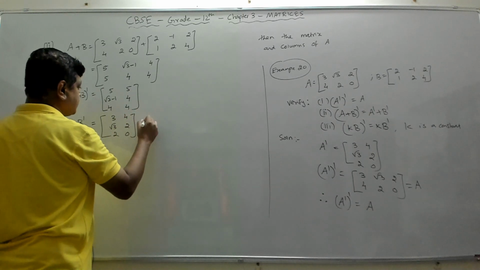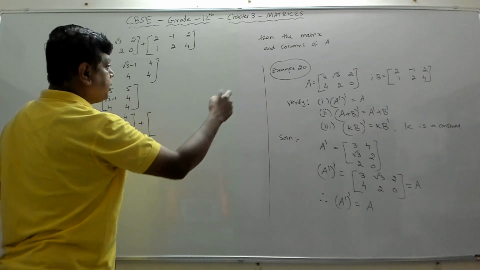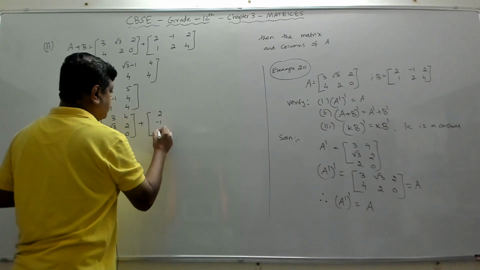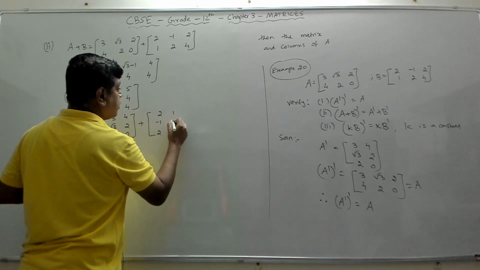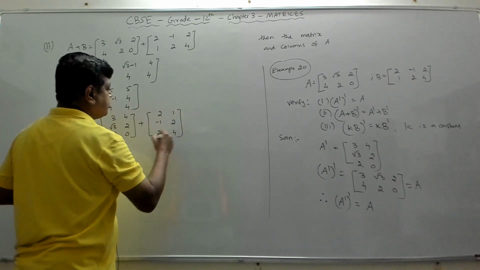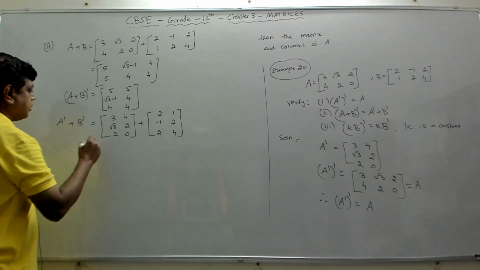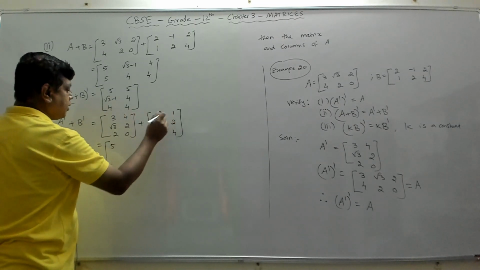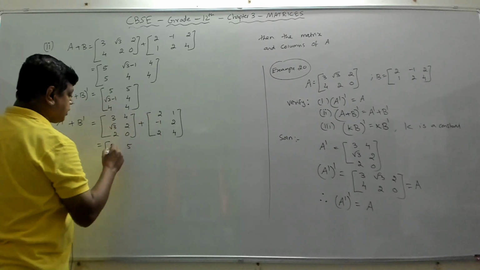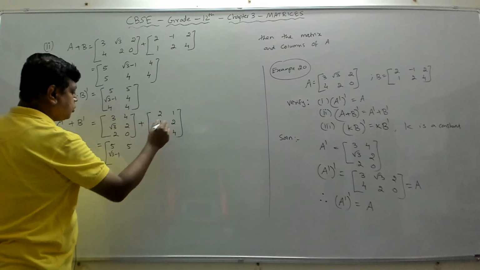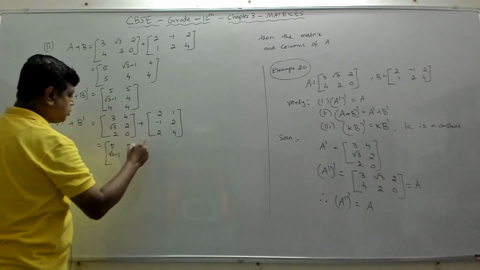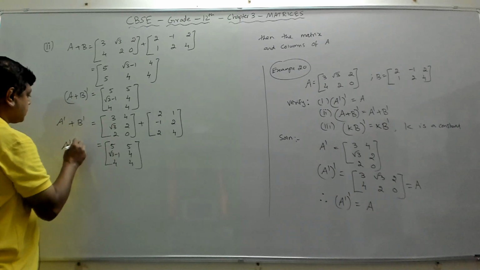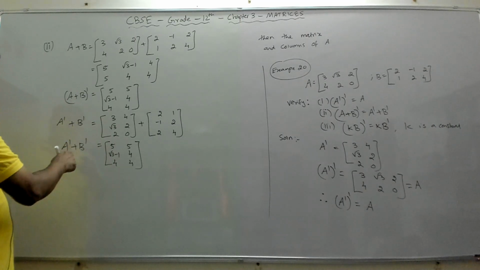Then the transpose of B, where B is 2, minus 1, 2, 1, 2, 4, so you will write 2, minus 1, 2, 1, 2, 4. Let's add them. 3 plus 2 is 5, 4 plus 1 is 5, root 3 minus 1 is root 3 minus 1, 2 plus 2 is 4, again 2 plus 2 is 4, 0 plus 4 is 4. This is your A transpose plus B transpose.